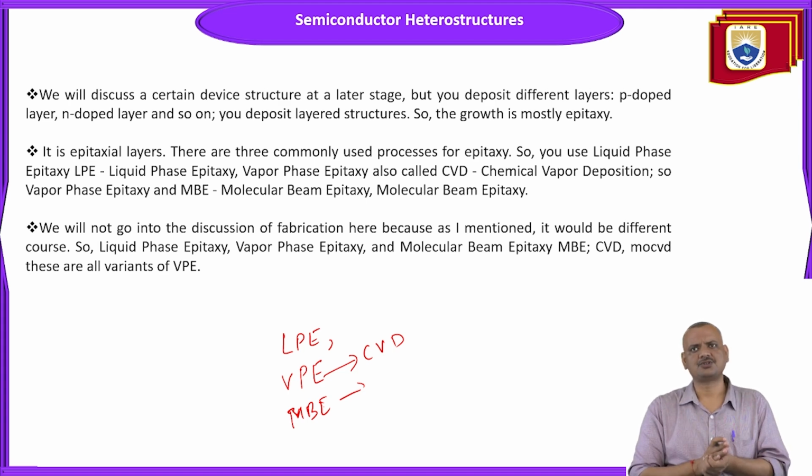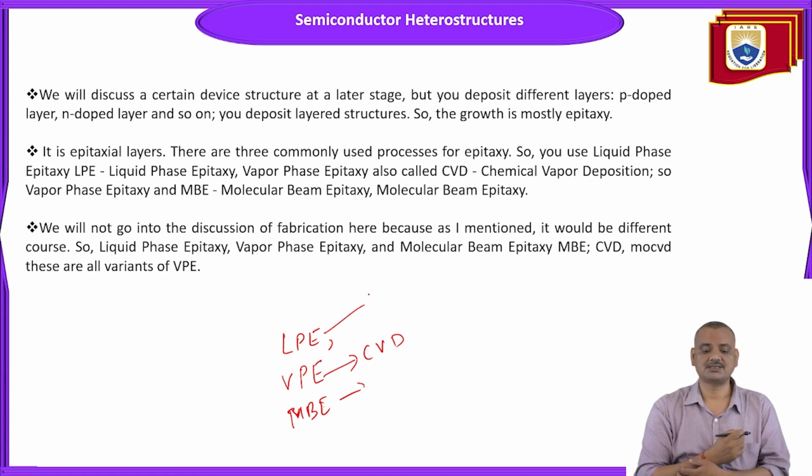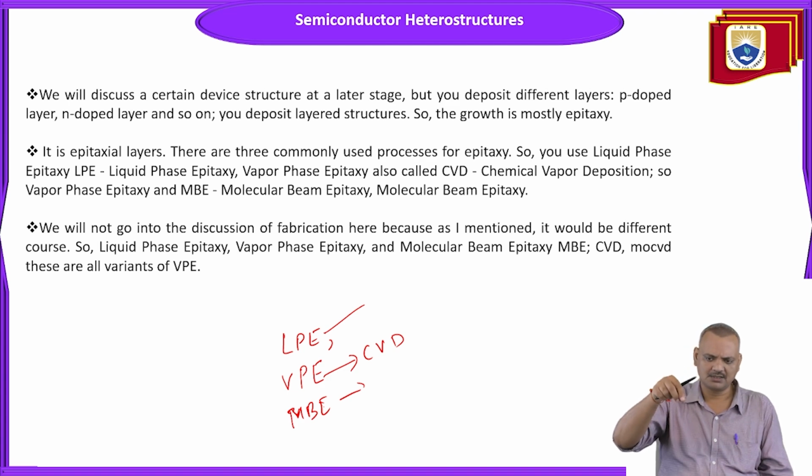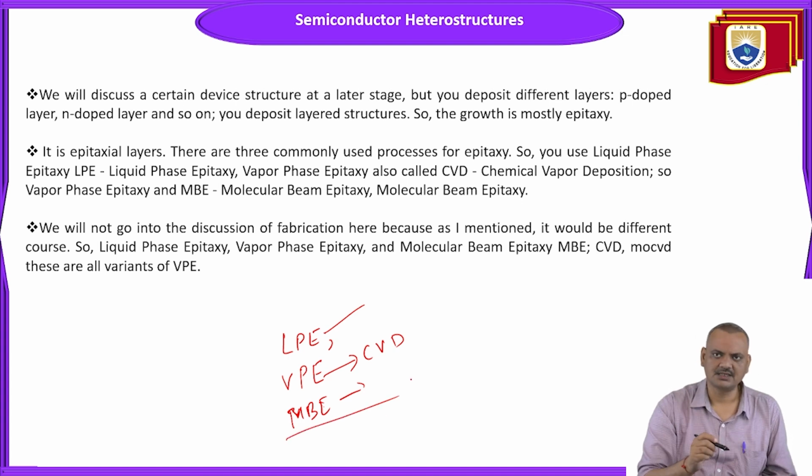All these things we should know. Okay. So these are some processes: liquid phase epitaxy, vapor phase epitaxy, and molecular beam epitaxy, where you deposit the molecules in the form of a layer. Molecular beam epitaxy is a very costly experiment.